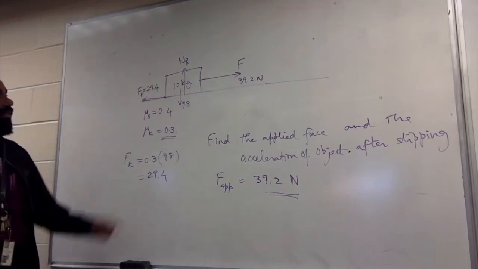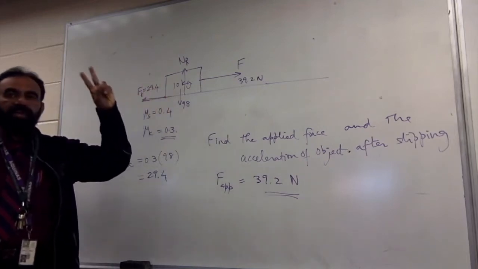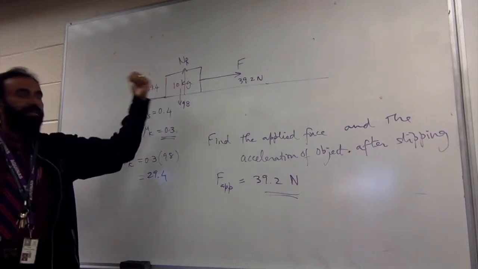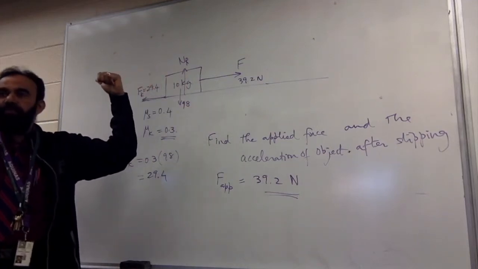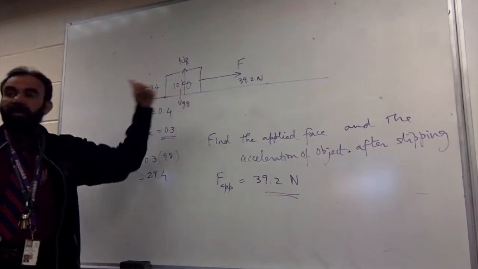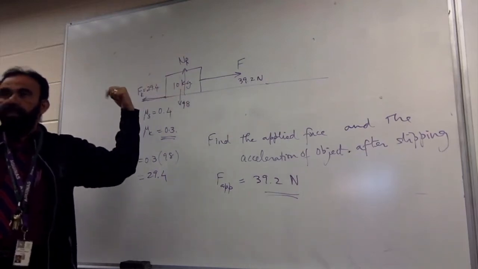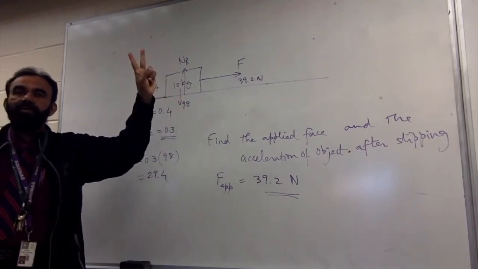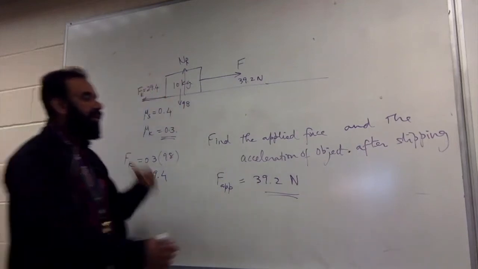Now you can see that this 10 kilogram object is being acted on by two forces. One is 39.2 forward, and there is a force of opposition of 29.4 backward. Are they balanced forces? Which law is going to come in now? Second law. The net force is equal to ma.